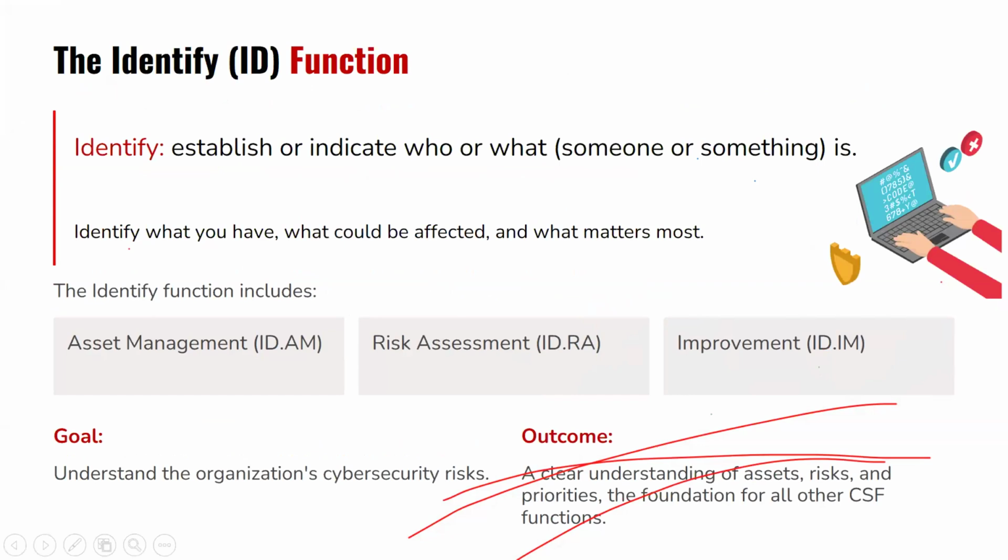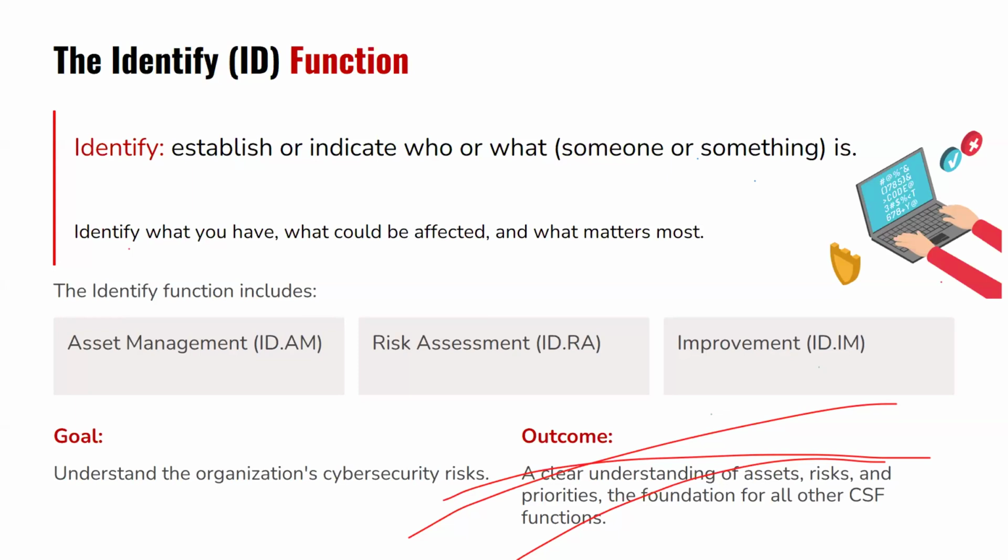Our next function for today, our time is almost spent, but let me just brush through, is the Identify function. After defining the governance, the next step is to identify. When we say identify, the dictionary explains it as to establish or indicate who or what something or someone is. It could be an entity, an individual, a person, or a thing.